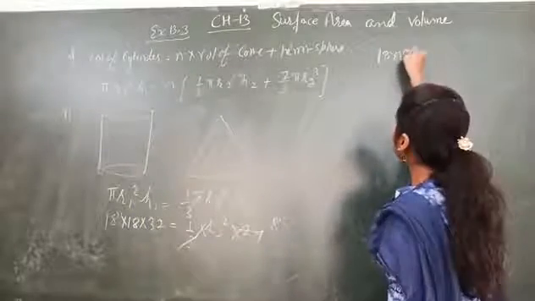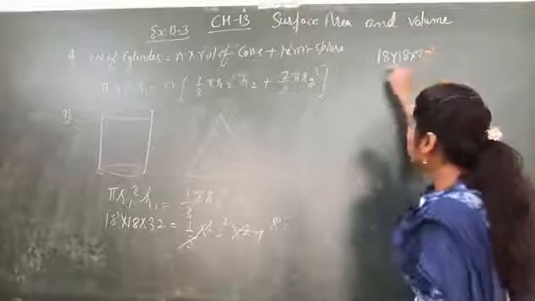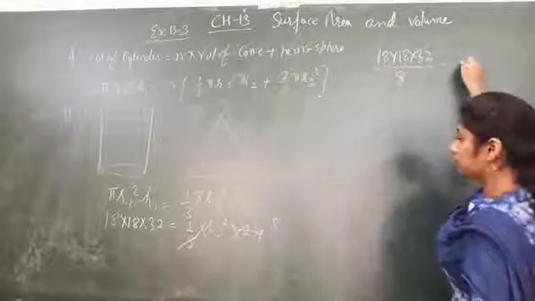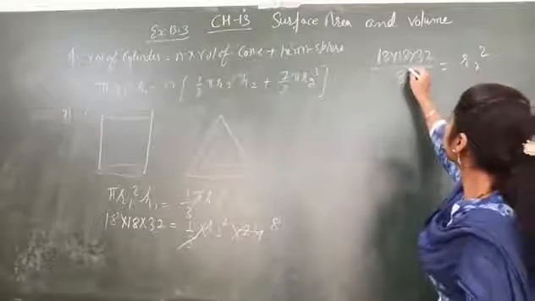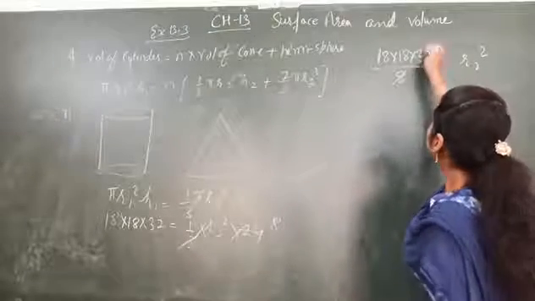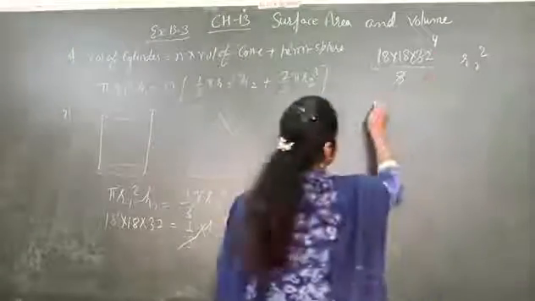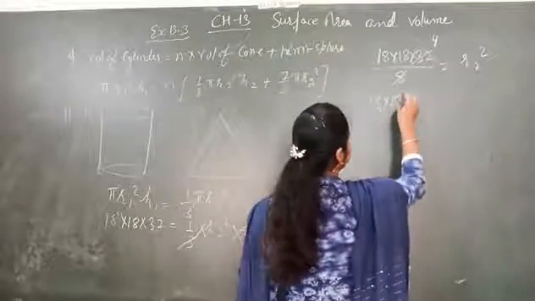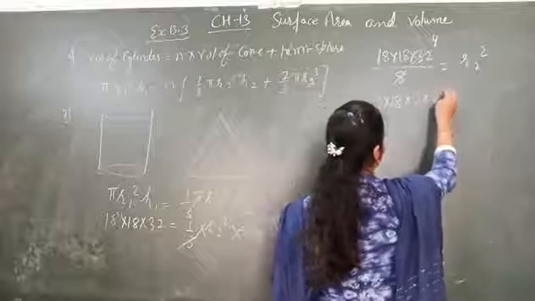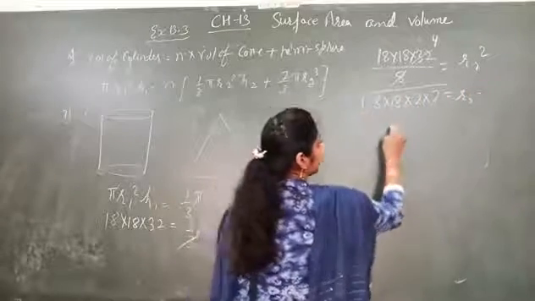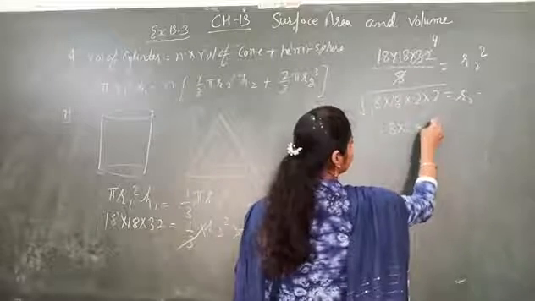18 into 18 into 32 upon 8. There is no need to multiply it. 18 into 18, this 4 can be written as 2 into 2. So taking the square root, you get 18 into 2 r2.